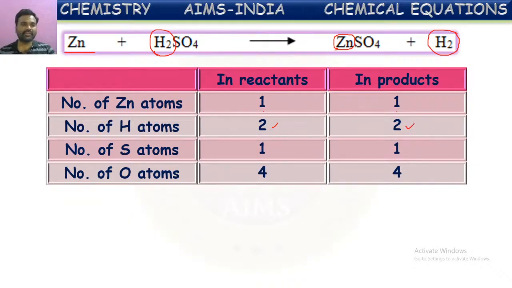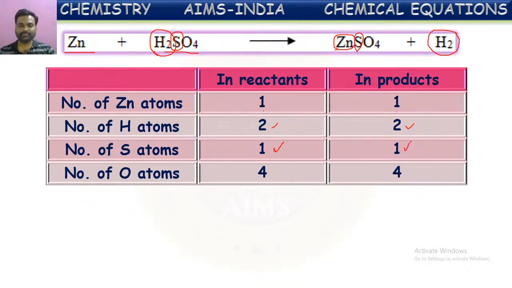If you see the number of sulfur atoms in this H2SO4 molecule, there is 1 sulfur atom. So the number of sulfur atoms on the reactant side is 1. On the product side, there is only 1 sulfur atom.